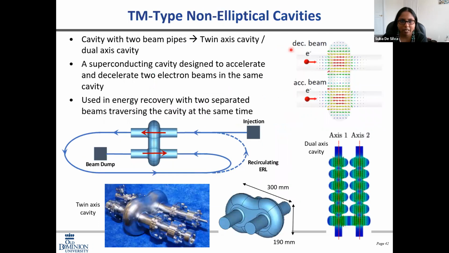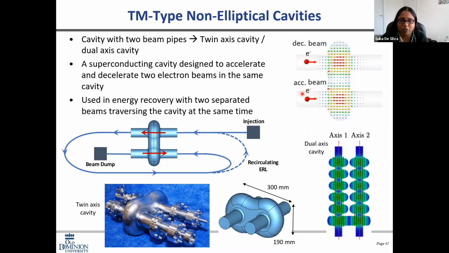And so this is the twin axis cavity that I talked about, where you have a TM110 type with electric field in the two beam pipes to separate multiple beams at the same time.